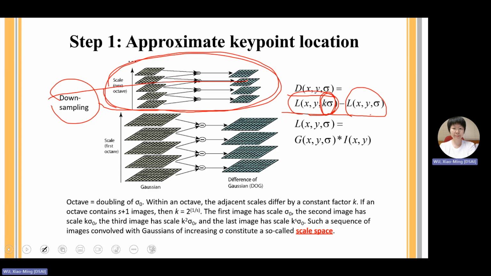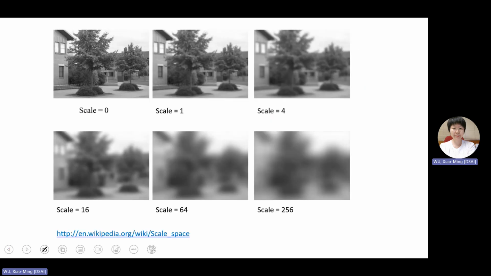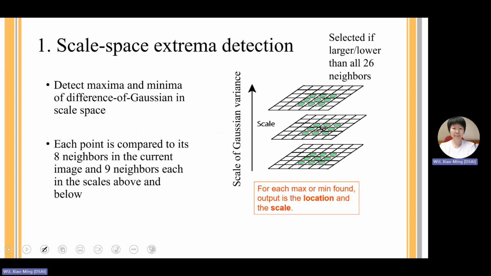As you can see, when we apply different sigma, the image becomes more blurred. And now if you subtract this one from this one, and this one from this one, then you get a stack of DOG.